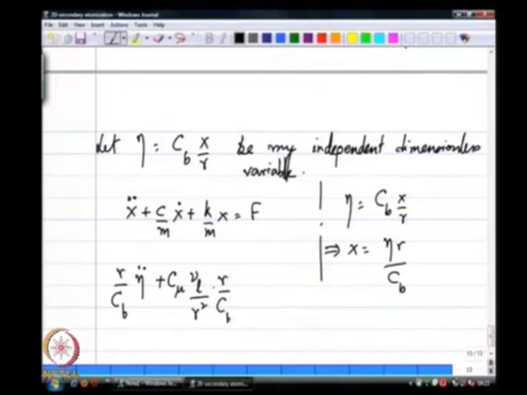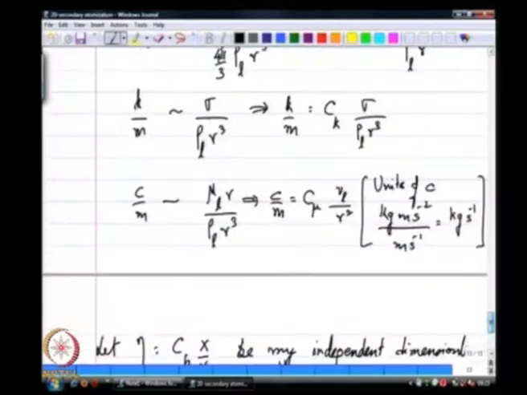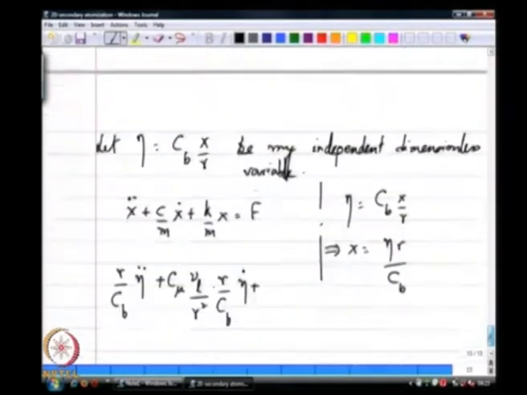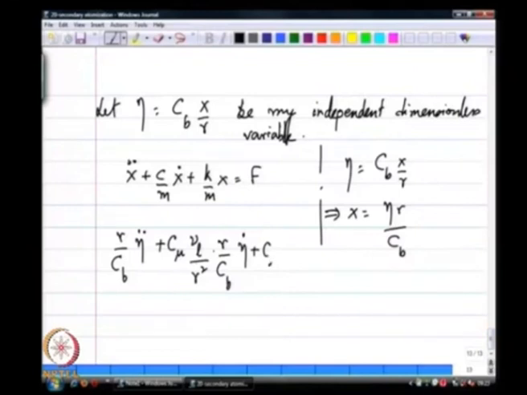and then I still have x dot, which is r over CB eta dot, plus k over m, which is Ck sigma over rho L r cubed, times x, which is r over CB eta.